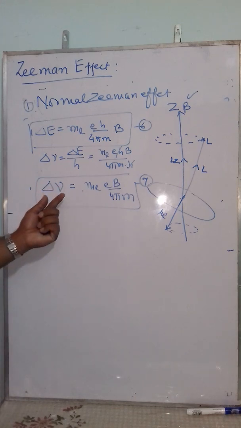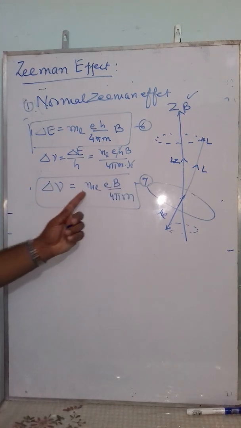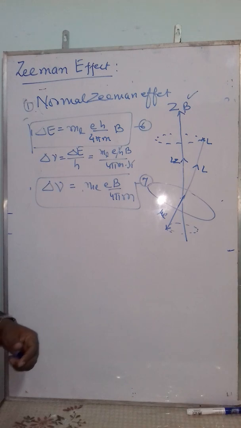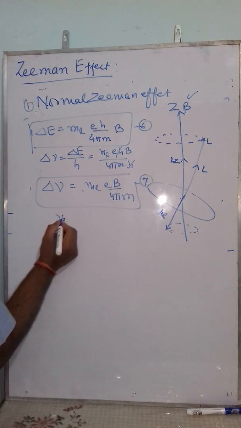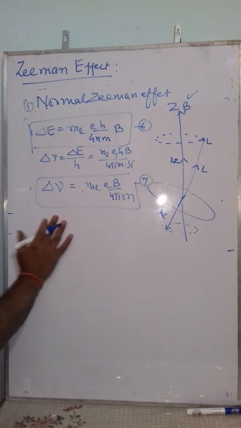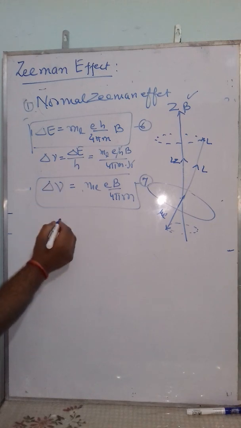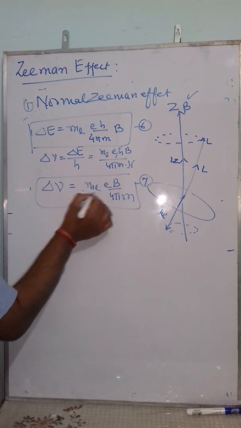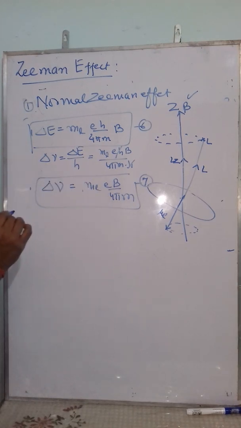So, the change in frequency, equation number 7, is given as m_l equal to eB upon 4 pi m. If nu 0 is the original frequency, then delta nu will depend on the value of m_l, right?